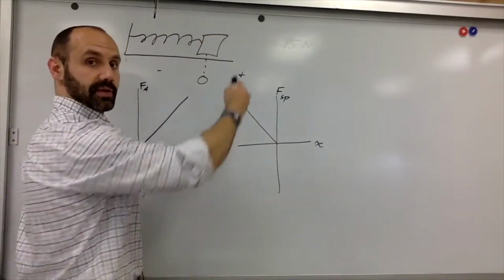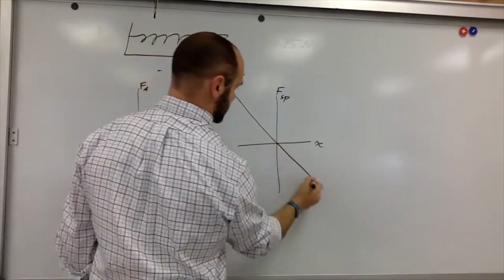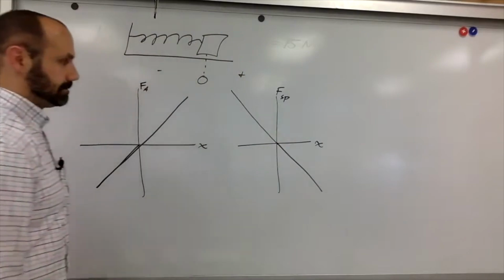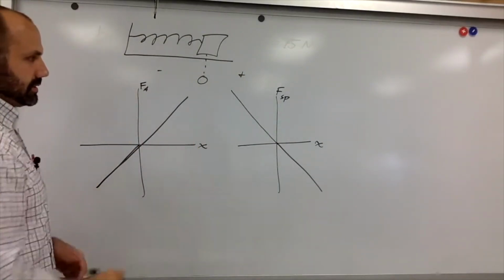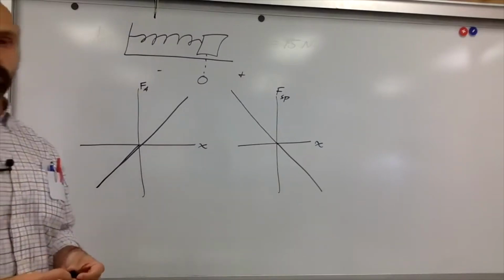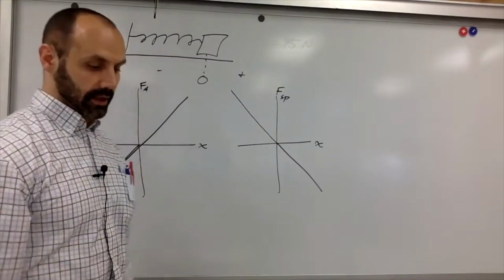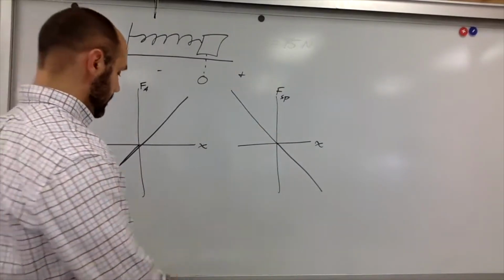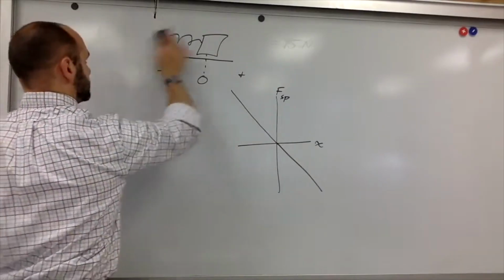And so the spring is exerting a negative force, even though I have positive position. So that graph is going to look like that. And so we have these two different graphs, applied force and the force of the spring. It's important to keep that in mind when you're doing these problems so you get the positives and the negatives working out correctly.